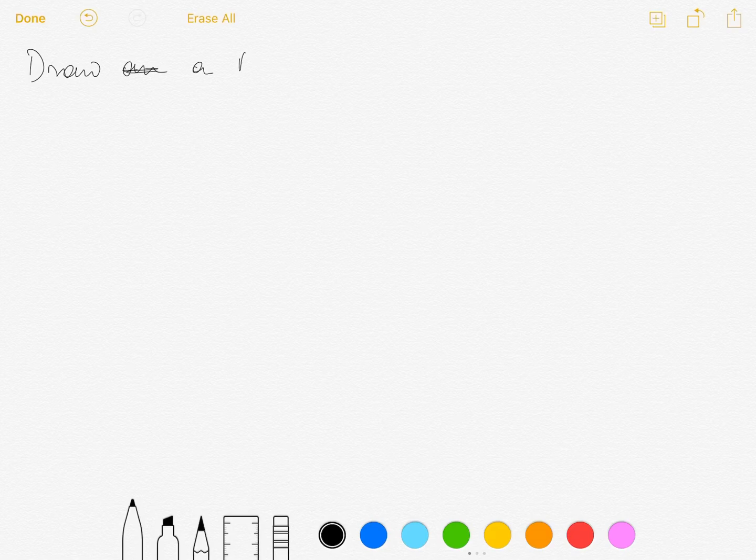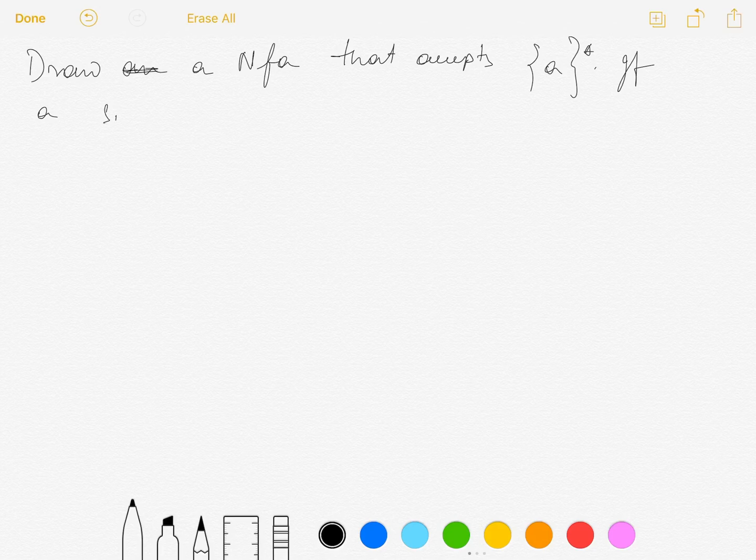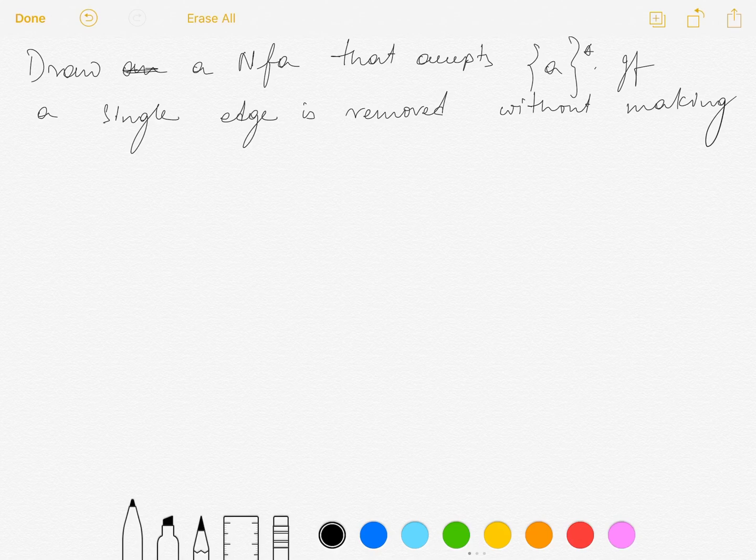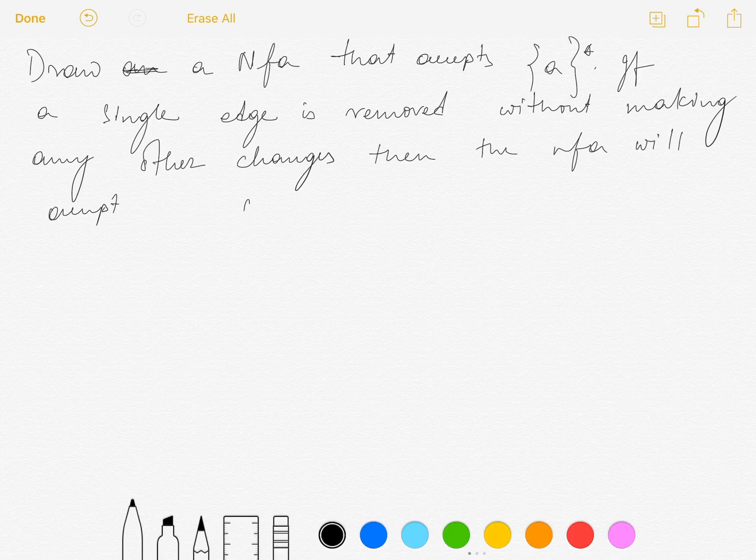Draw an NFA that accepts A star, such that if a single edge is removed without making any other changes, then the NFA will accept A only.